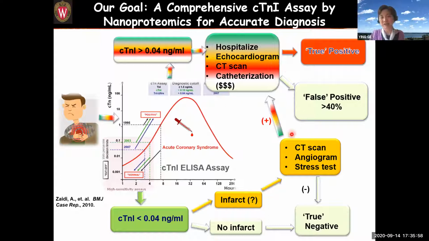This is the data we got from our UW hospital. More than 40% of patients do not have a heart attack, but they have to undergo all these very invasive techniques. So this is a lot of money wasted, because each patient going through those individual procedures costs about $100,000 to $200,000.